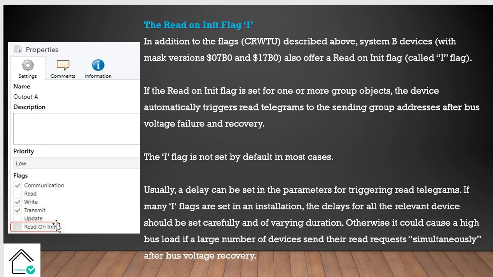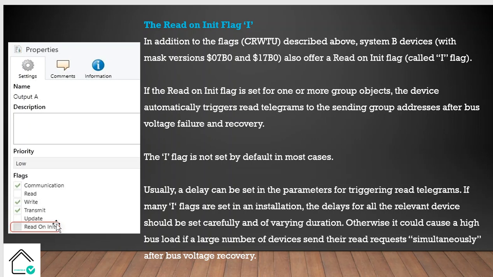The I flag is not set by default in most cases. Usually a delay can be set in the parameters for triggering read flags. If many I flags are set in an installation, the delay for all relevant devices should be set carefully and of varying duration. Otherwise, it could cause a high bus load if a large number of devices send their read requests simultaneously after bus voltage recovery. Okay?